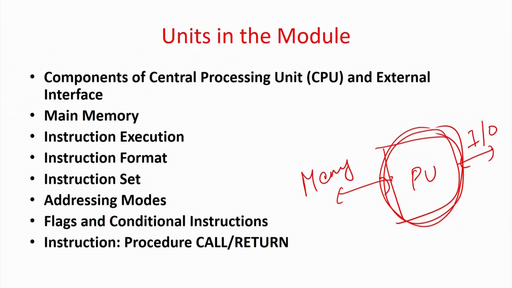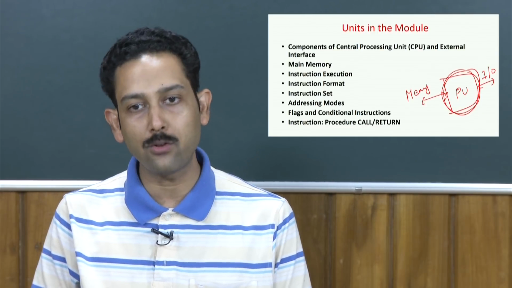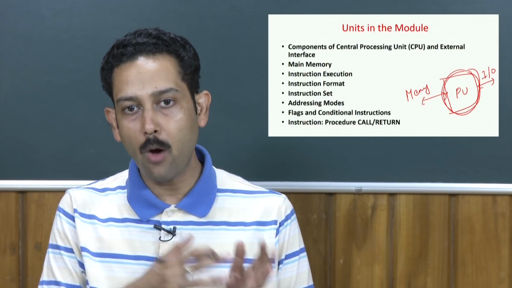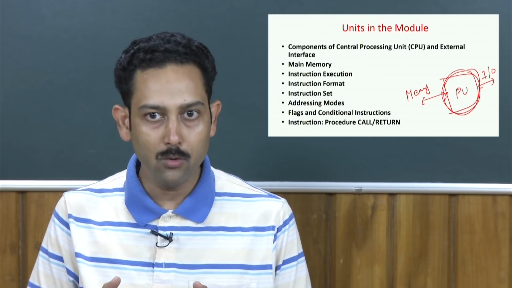It will be dealt with in more detail in subsequent units, but we will mainly look at the memory access techniques, or how it interacts with your central processing unit. We will look at the memory on a very abstract basis in these units, in terms of how the processor talks to the memory and how it works. We are not going into the details of memory organization in this particular module, which will be dealt with later.